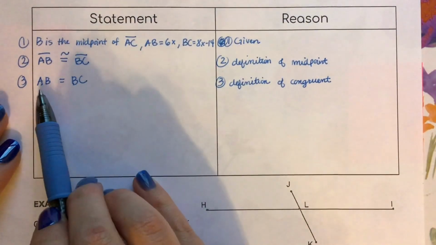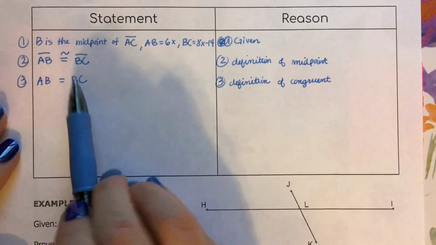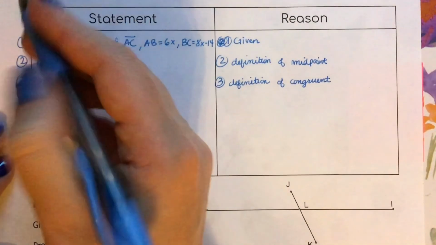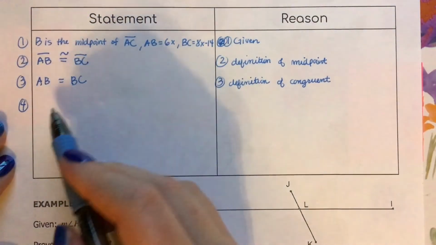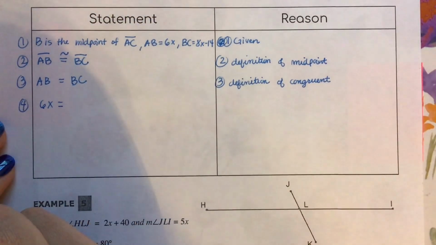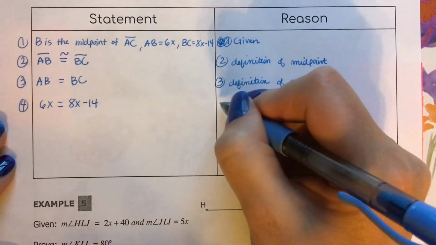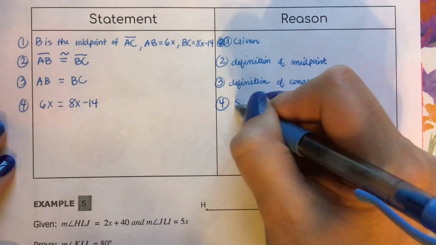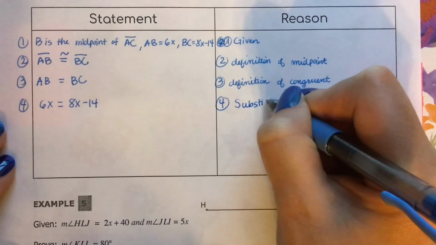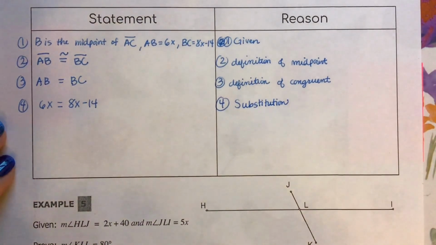Now I'm going to replace AB with 6x and BC with 8x minus 14. This is substitution, so I'm going to say 6x is equal to 8x minus 14. The reason I'm allowed to do that is by substitution. We are moving right along now.